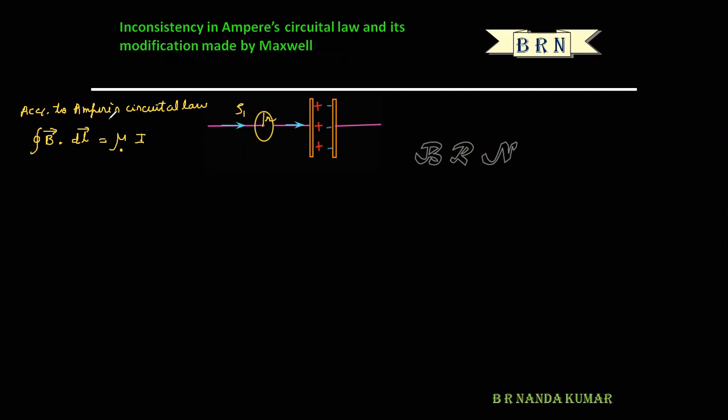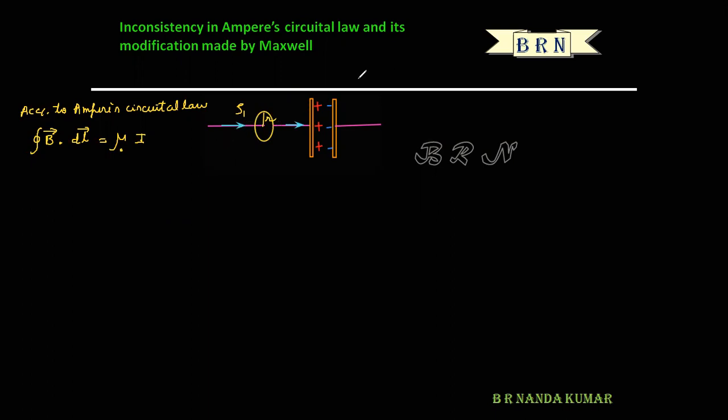So, to understand the inconsistency, let S1 be the plane circular surface of radius r whose center lies on the wire carrying current, and the plane of the surface is perpendicular to the direction of current in the wire.